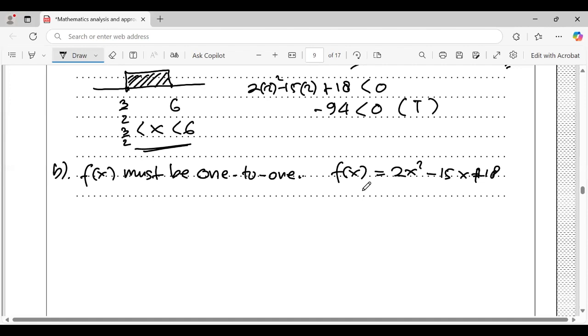So to make the function one-to-one, we must restrict the domain to the increasing or decreasing part of the parabola. This open upwards parabola has a decreasing interval.